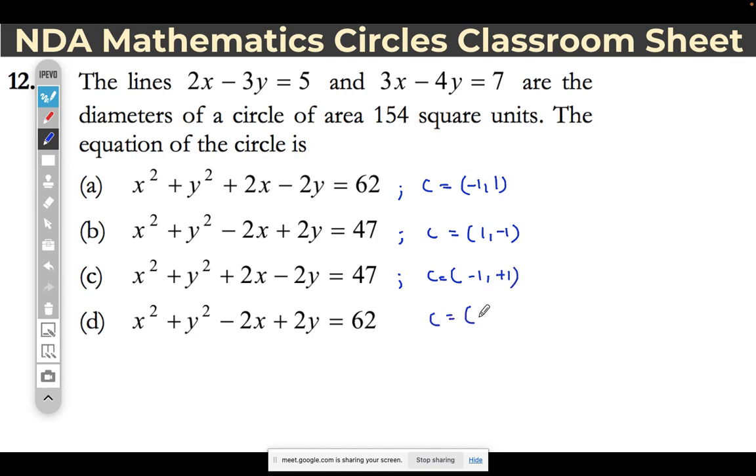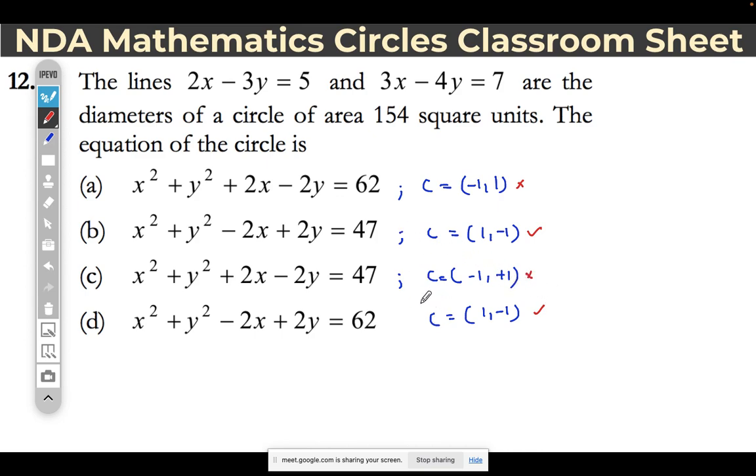What is the center of this? There are two types of center. Diameter will always intersect at center. So when I put x equal to minus 1, it doesn't satisfy. When I put x equal to 1 and y, yes.